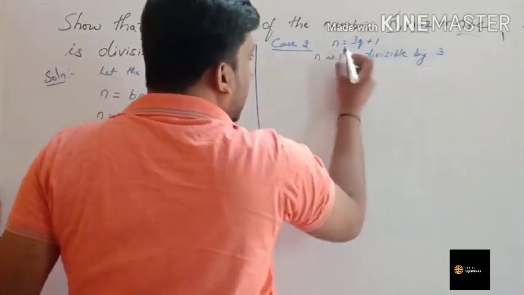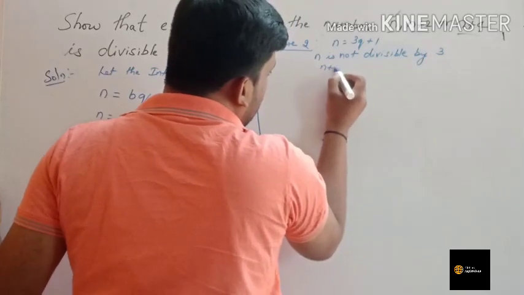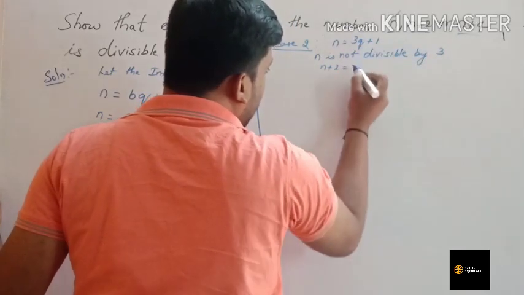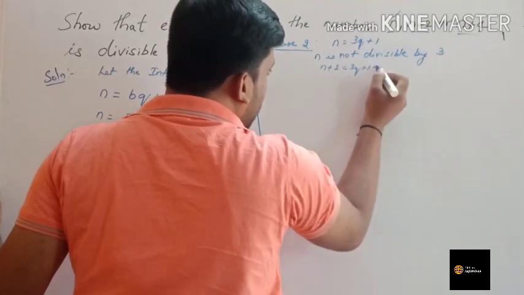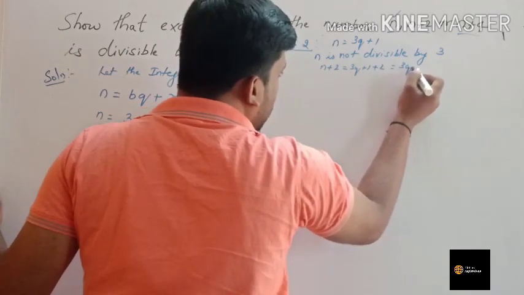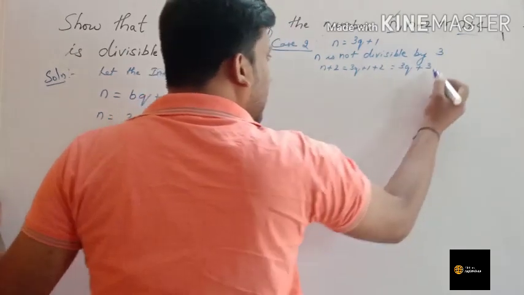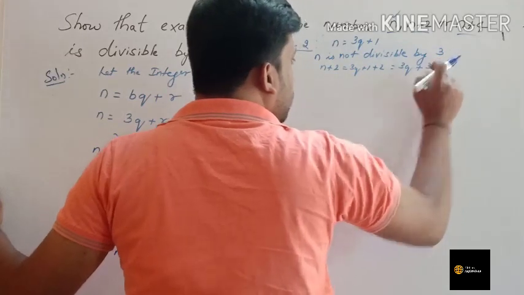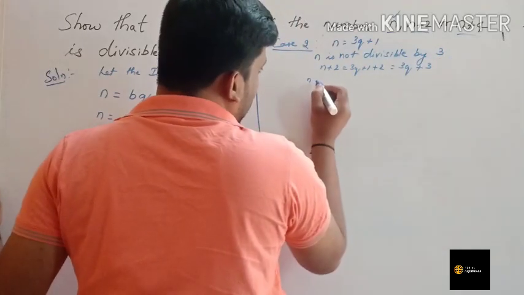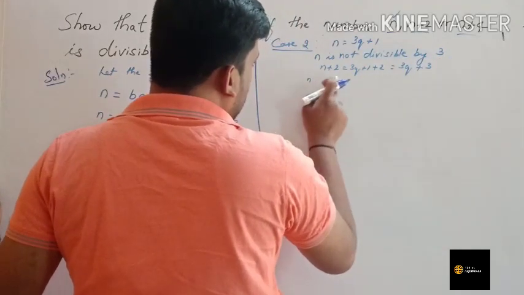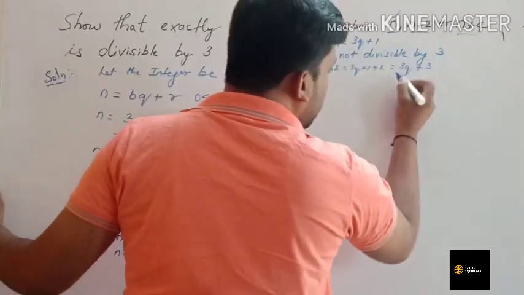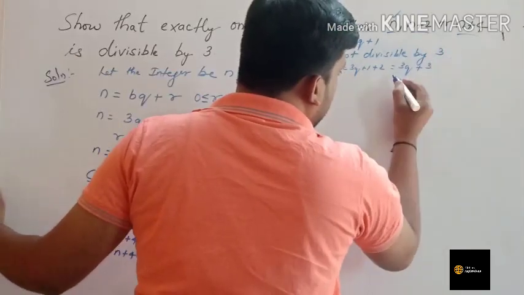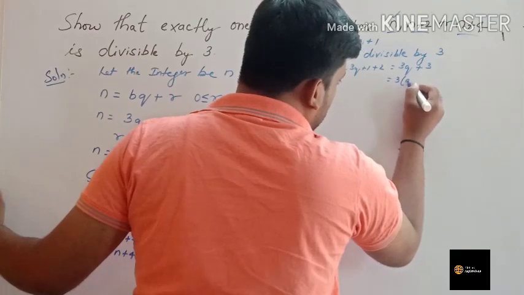Again, if I consider n plus 2, in the place of n I am substituting 3q plus 1 plus 2, that becomes 3q plus 3. You can take it like this: that is equal to 3 into q plus 1.